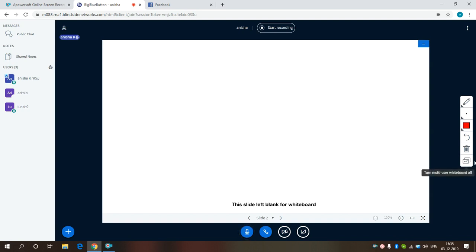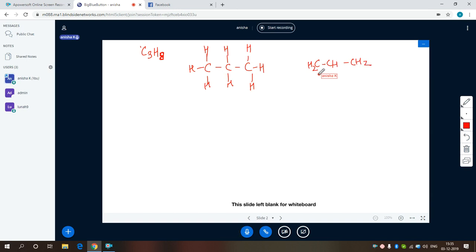Okay, let's see how propane can be written down. Propane is C3H8, not C3H6. So this can be written down as CH2 CH CH2?